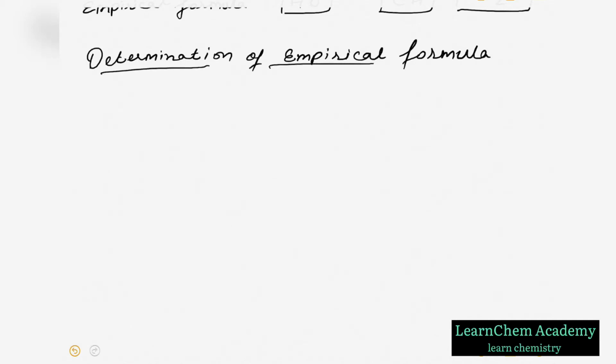So the step 1 is find the percentage by weight and conversion of mass percentage into grams.